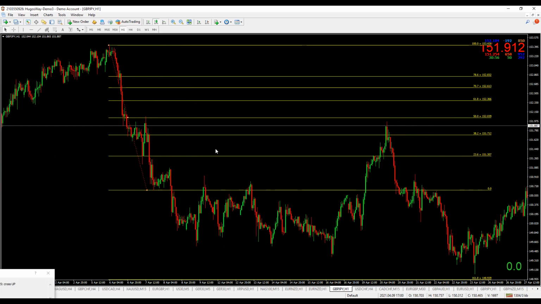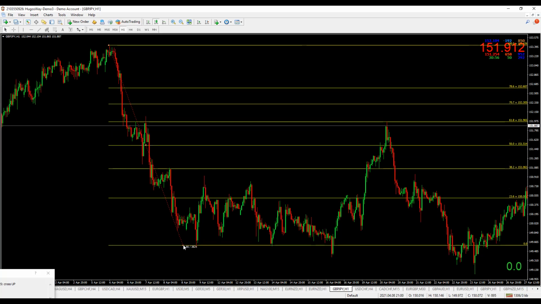What if by the time we saw this setup, the price was already here and it was beginning to pull back? Let's draw this. We see it pull back past 23.6. It did not quite get to 38.2.